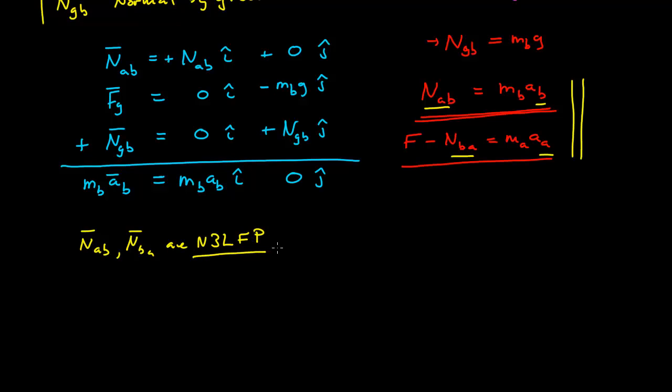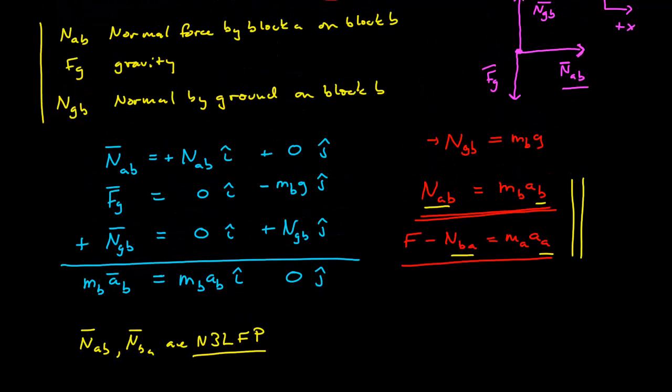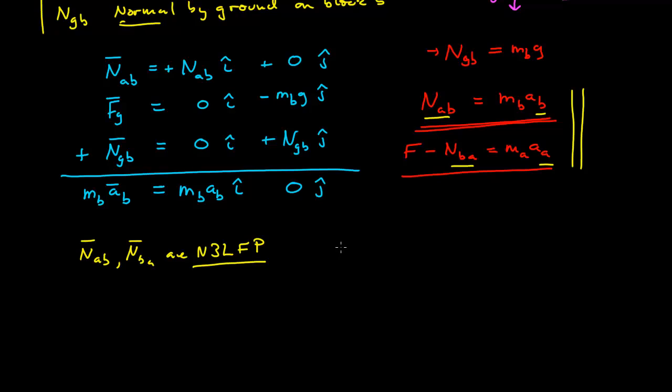Here's my acronym for Newton's third law force pairs, because I can construct our magic sentence: normal force, block A on block B, and the Newton's third law force pair is a normal force by block B on block A, which means I can establish a relationship between these two forces.